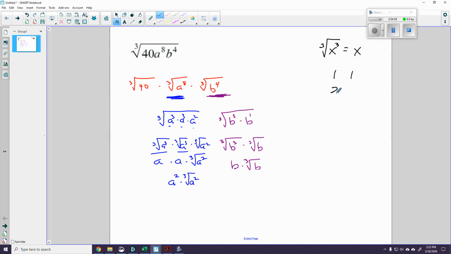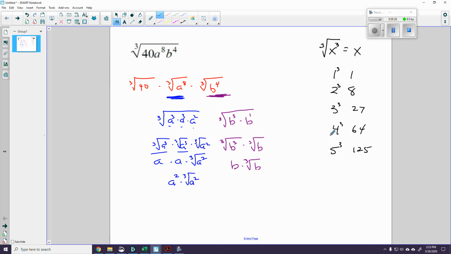For the number 2, the perfect cube is 8, so 2 cubed is 8. 1 cubed is 1. 3 cubed is 27. 4 cubed is 64. 5 cubed is 125. These are as many as I've memorized, and you should really have these memorized.